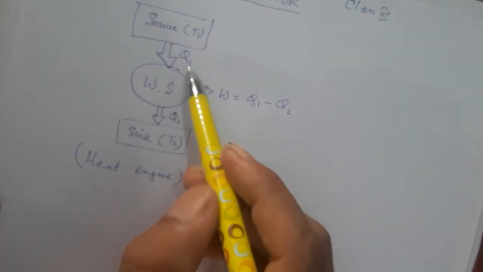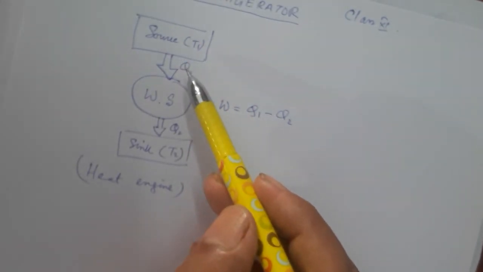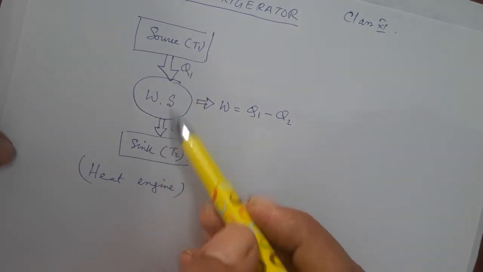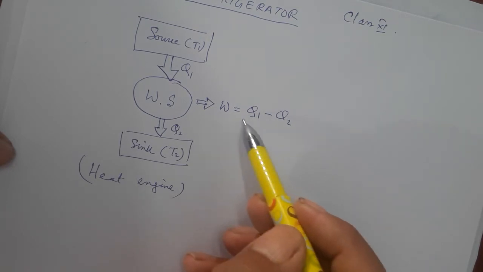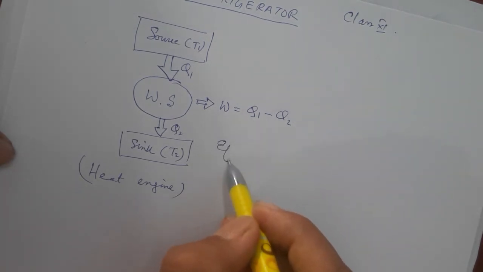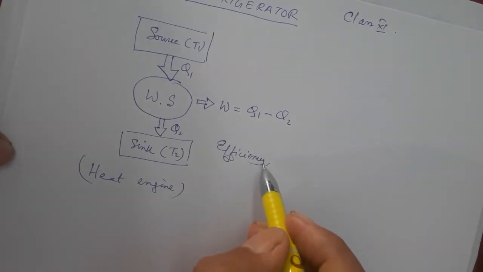So let me remind you one more time. In heat engine, heat flows from the source to the sink. And during the flow of the heat, we obtain work, which is equal to Q1 minus Q2. And about the efficiency, we used the term efficiency last time.